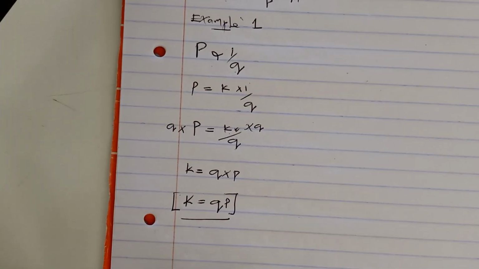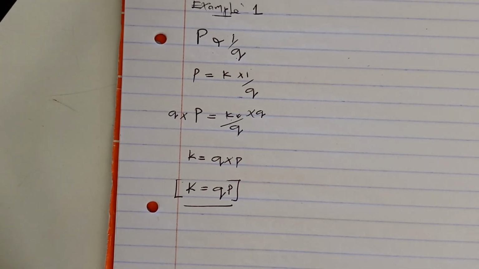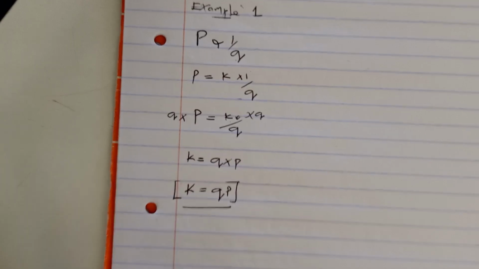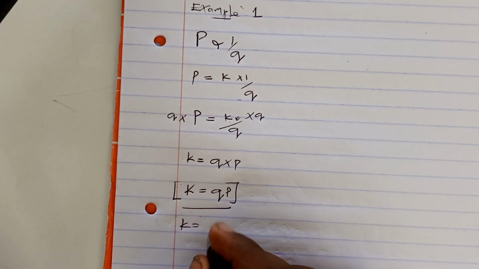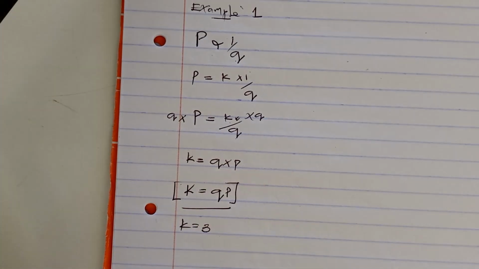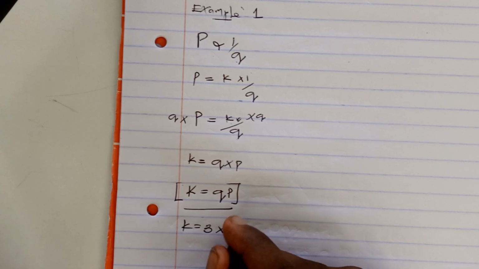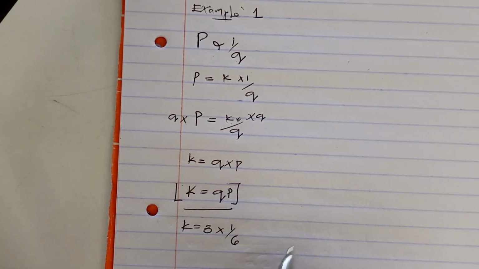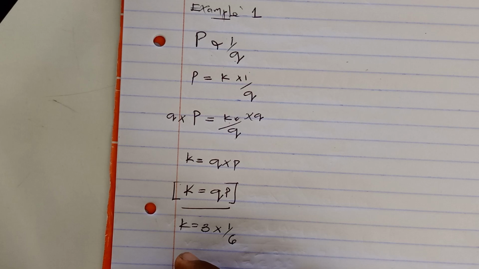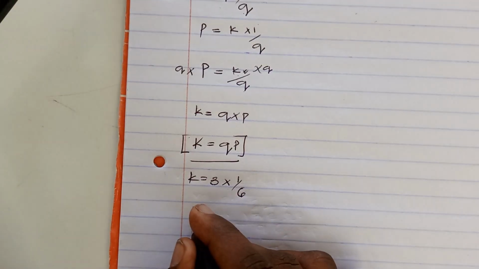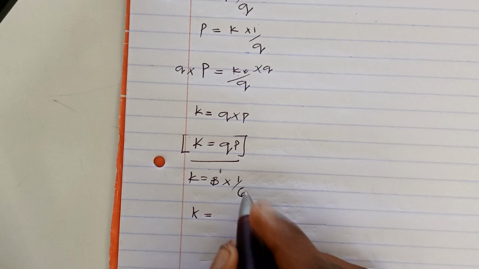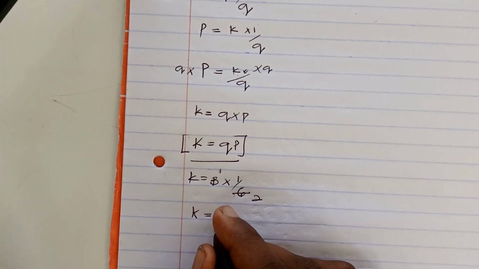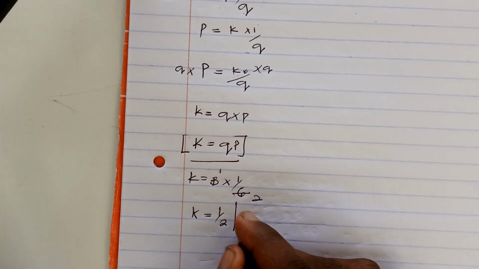In the question we are told that Q is equals to 3 when P is equals to 1 over 6. So multiply by 1 over 6 to stand in for P. So the value of the constant is equals to 3 by 1 over 6, which is equals to 1 over 2 or 0.5.